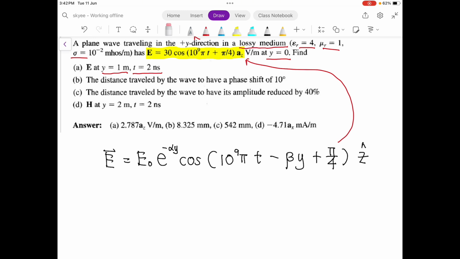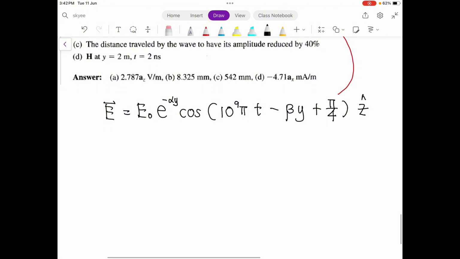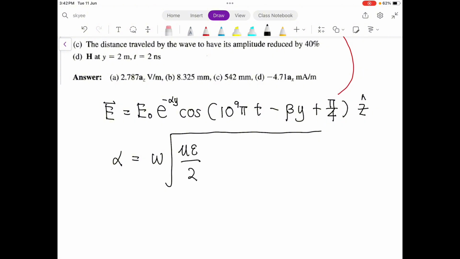Okay, so this is a lossy medium, so we will be using the alpha and beta equations in the lossy medium, which is omega square root of mu epsilon over 2, and then 1 plus the square of sigma divided by omega epsilon, and over here a square root, minus 1.